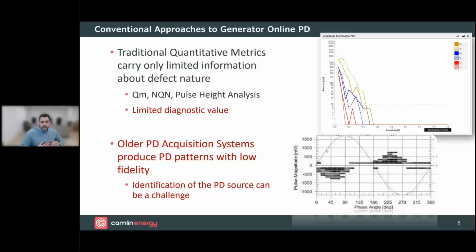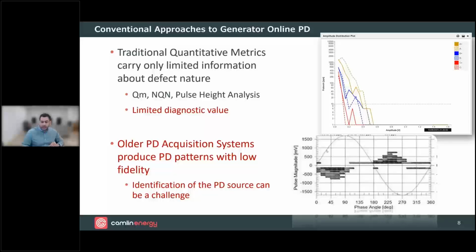But older technologies being kind of lower fidelity, lower sampling rate, or technologies that don't denoise signals and separate discharges which are occurring on one phase from another in a way that makes the patterns easily discernible, can be less effective in allowing for you to assess this way.